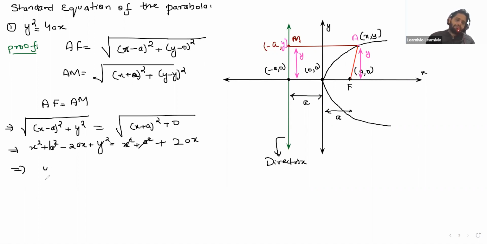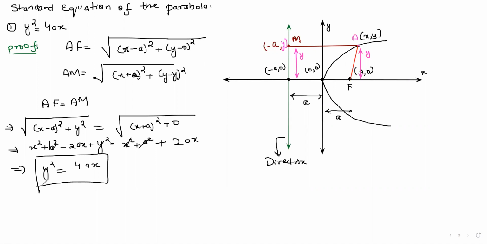Then y square, shifting the minus 2ax over here, you will get y square is equal to 4ax. So this is the equation of the parabola. Is this clear, Hotvika, Krishna, and Yusra? Yes, sir. Okay, so please note down this complete derivation. Then we will start the next standard equation.